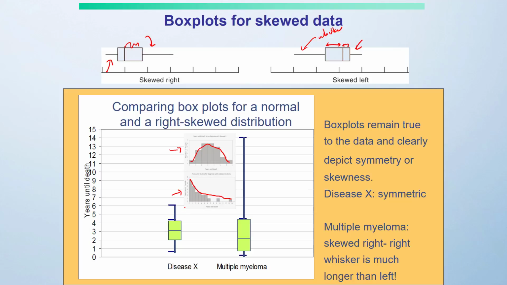We see that the distance from the median to the max and the median to the min is about the same. The distance from the median to the quartiles is about the same. And that tells you that it's roughly symmetric. The multiple myeloma, on the other hand, of course, we have our top quarter of the data very spread out, very skewed, and we see that in the differences between the two whiskers.